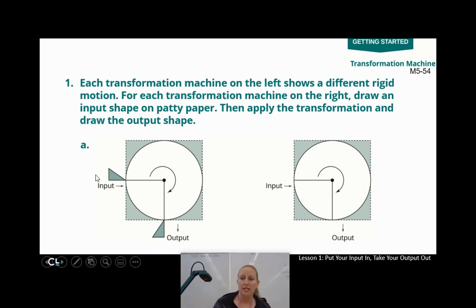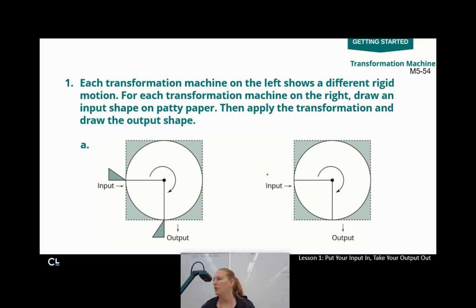To give you an idea, we've got 3 of these. For part A, I input a triangle that looked like this, but the output that it spit out was a triangle that looked like that. Does that make sense? So come up with some other shape. You can literally come up with any shape you like for your input and then draw what it would look like for your output.